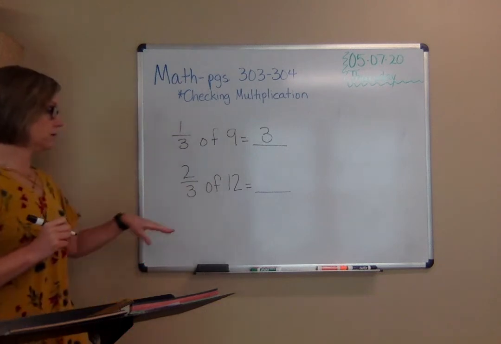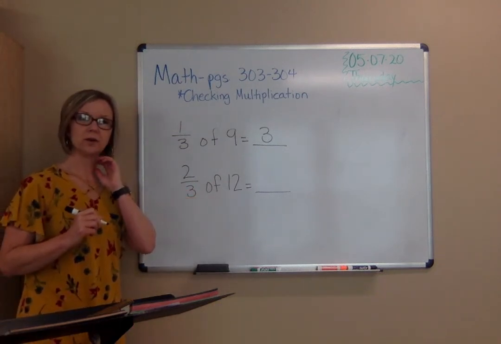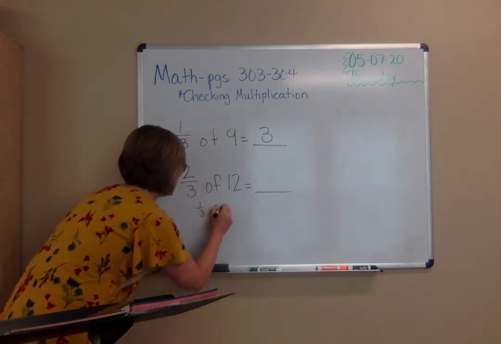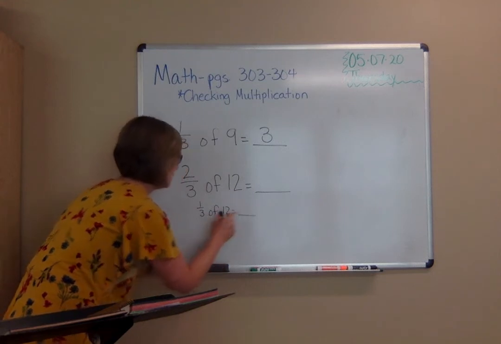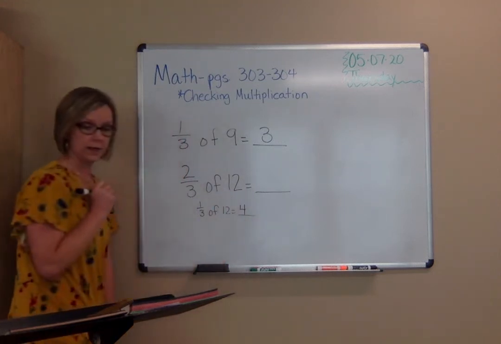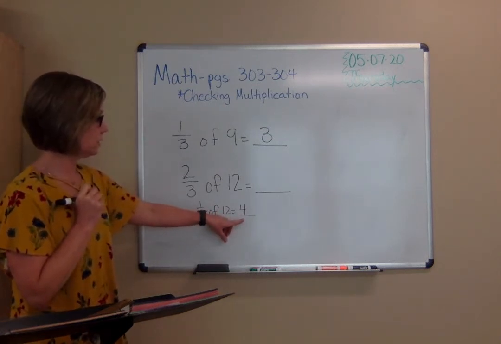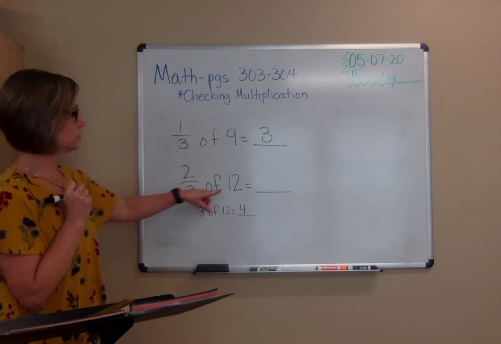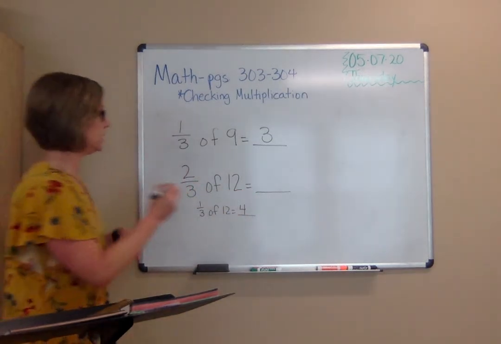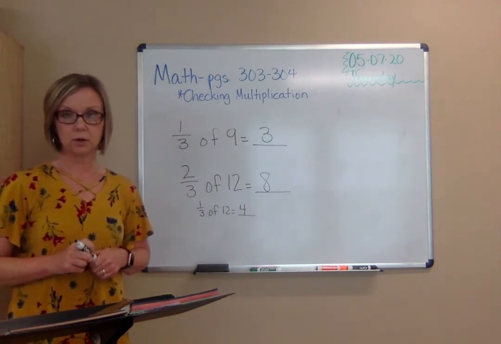Well, before we can figure out what 2/3 of 12 is, what is 1/3 of 12? 1/3 of 12 equals what? 12 divided by 3. 4. Okay. So if you have 1/3 of 12 equals 4, 2/3 of 12 would be 4 times 2 would be 8. So you should have 8 of those circled.